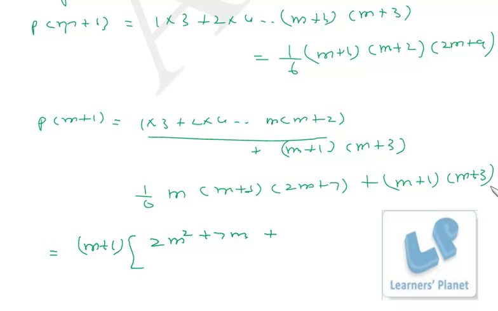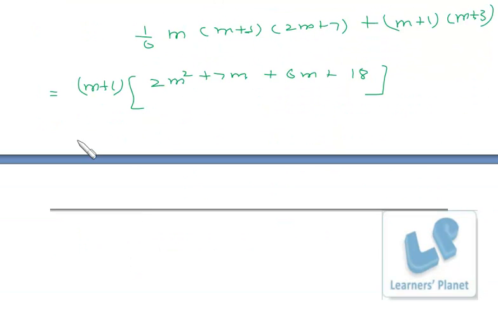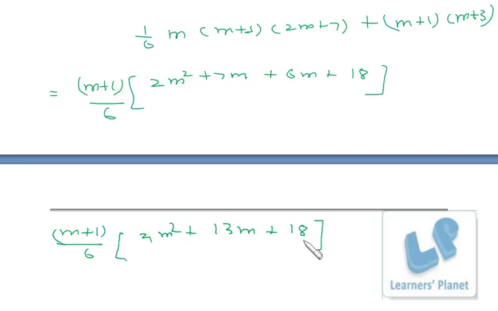Then over here m plus 3 is there, so if you take LCM it will be 6m plus 18, and the 6 is already there, so it is (m plus 1) by 6 into (2m square plus 13m plus 18).